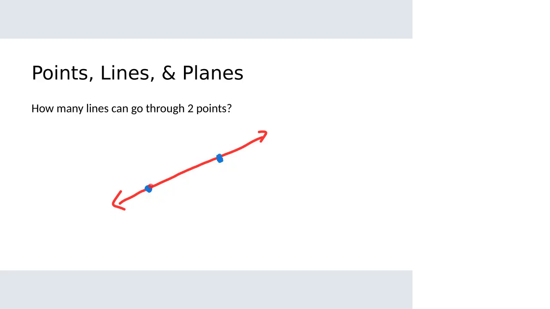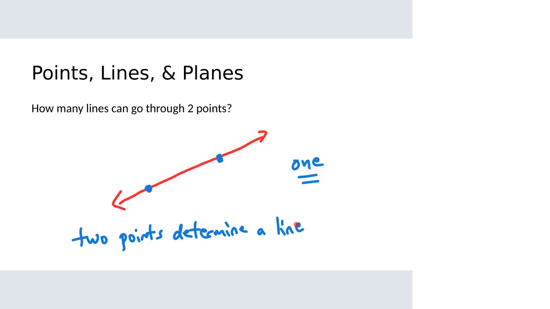If I have 2 points, there's only one line that can go through them. What this tells us is that 2 points determine a line.